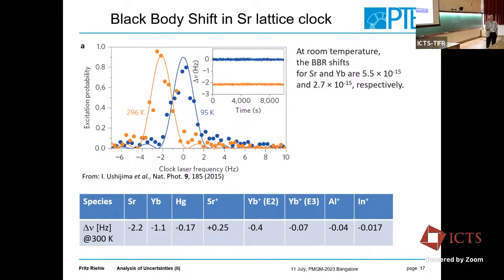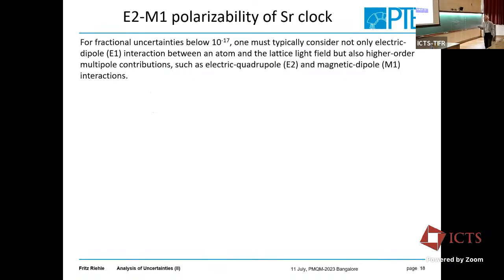You have to measure it and compare it to calculations. You can calculate it, and if you are lucky and the calculation and the experiments agree, then you have a high confidence that you can apply the correction, but you have to apply this.